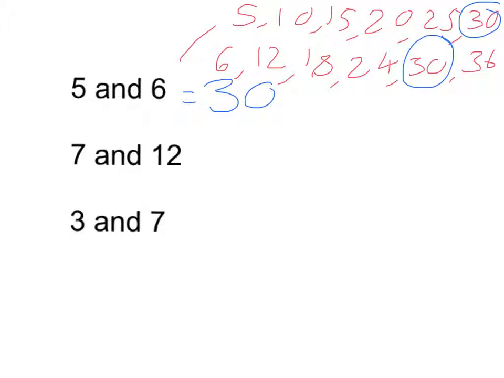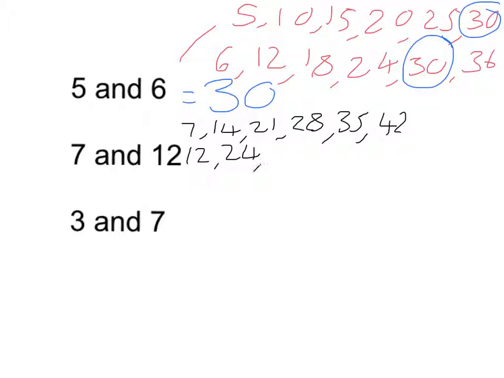Let's have a look at the 7 and the 12 times tables. So I've got 7, 14, 21, 28, 35, 42, and 12, 24, 36, 48, 60, 72.